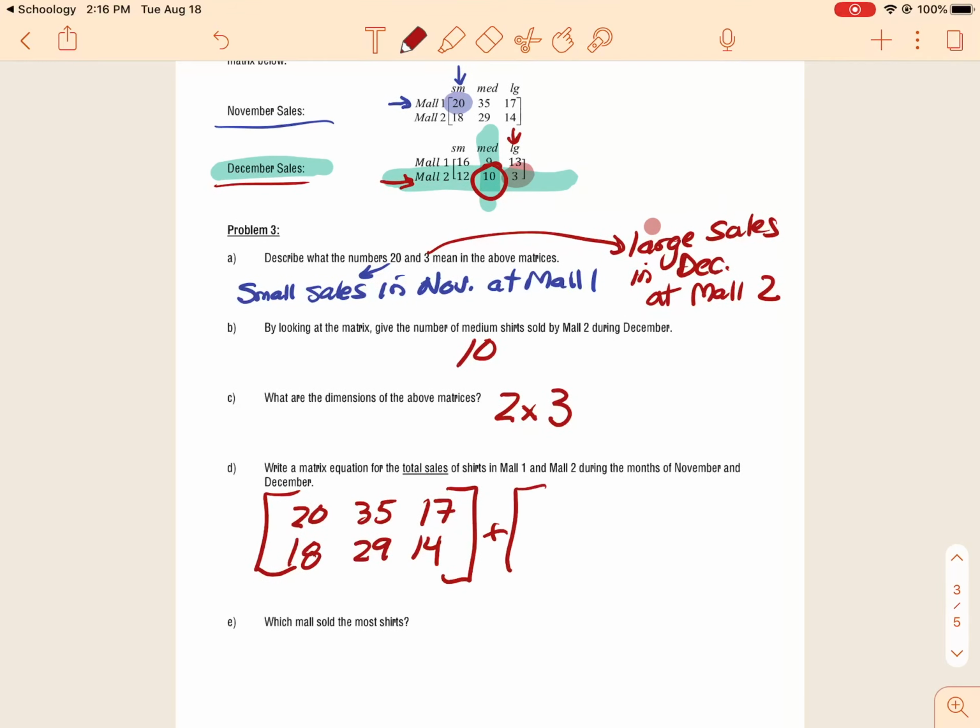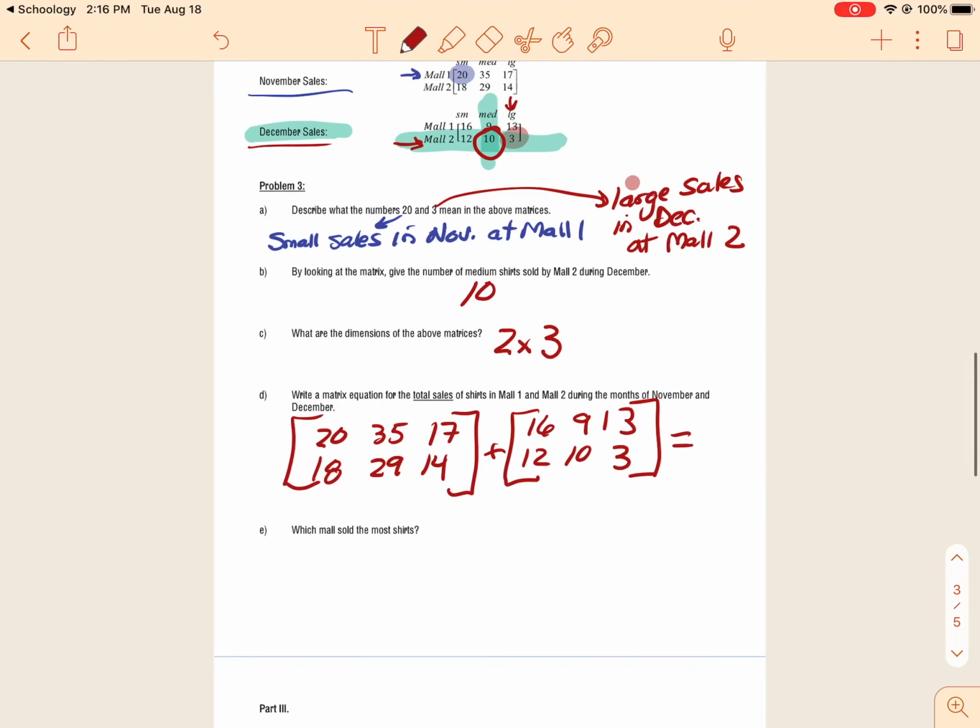Add them with our December sales, 16, 9, 13, 12, 10, and 3. When you add each of those up, you should get 36, 44, 30, 30, 39, and 17.